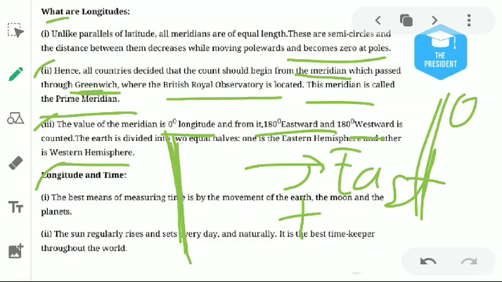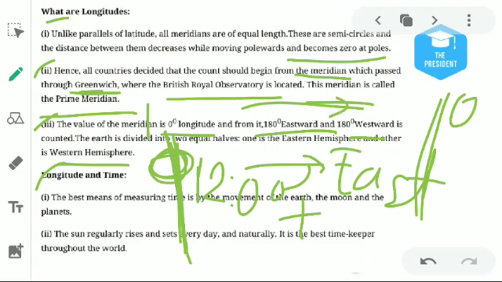For example, if it is 12 o'clock in prime meridian countries like Britain and Spain, then in an eastern hemisphere country like Bangladesh, Afghanistan or Turkmenistan, the time will be higher than 12 o'clock, like 5, 6, or 7 o'clock.